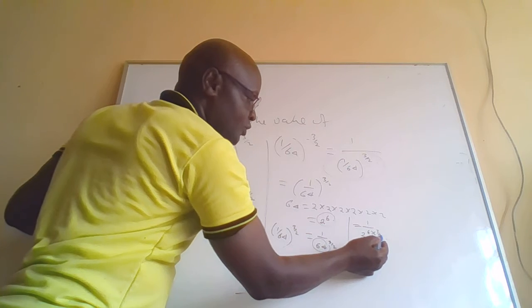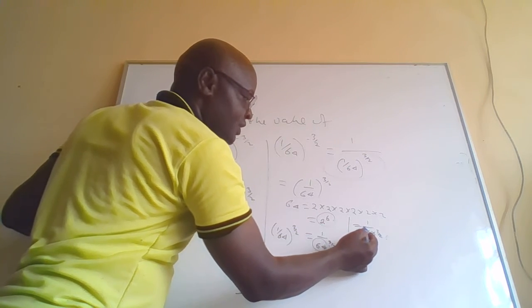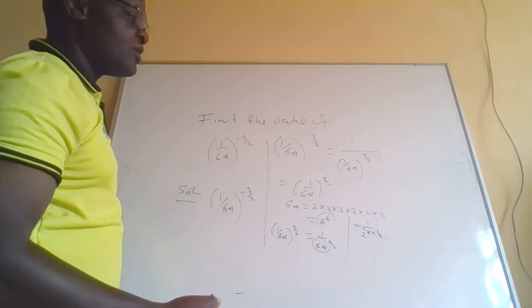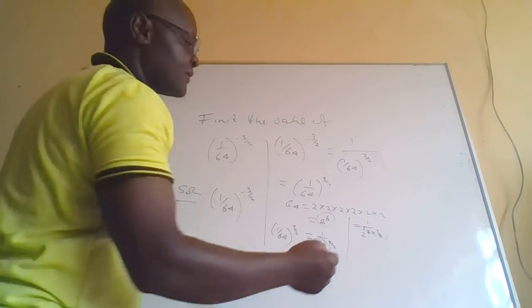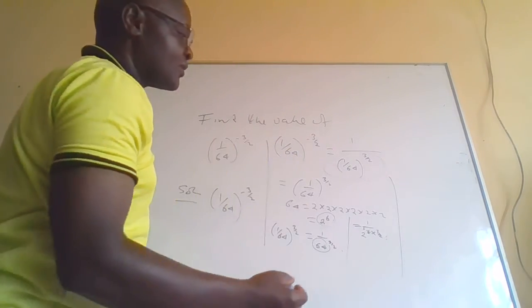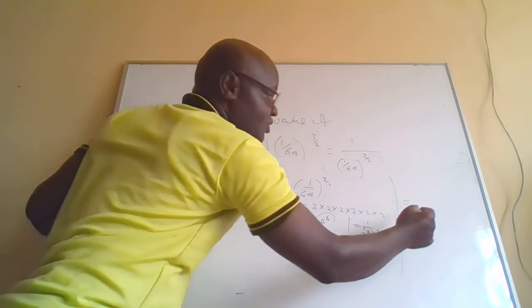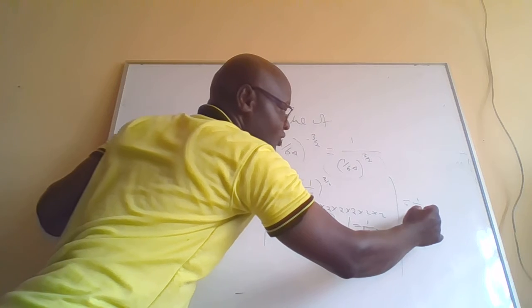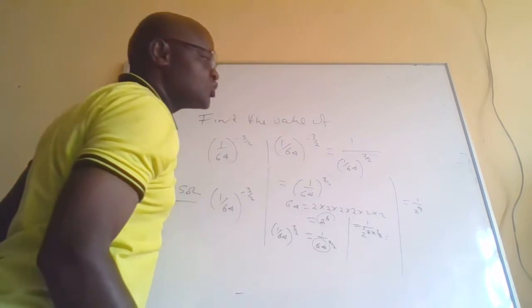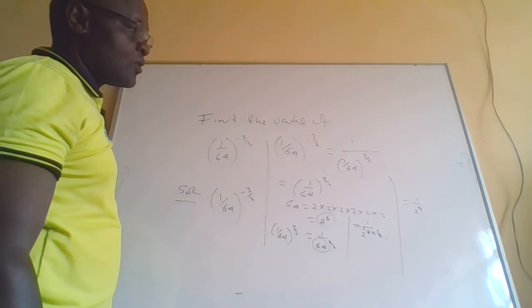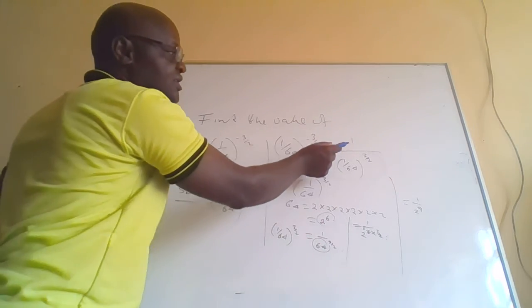So 2 here, 1, 2 here, 3. 3 times 3, we have 9. Remember, we are still dealing with the denominator. We shall have 1 all over 2 raised to 9.